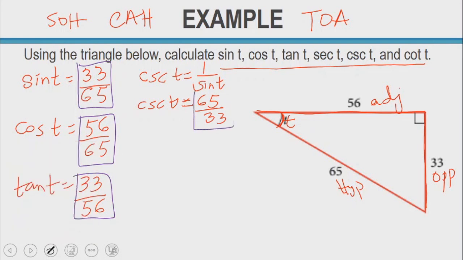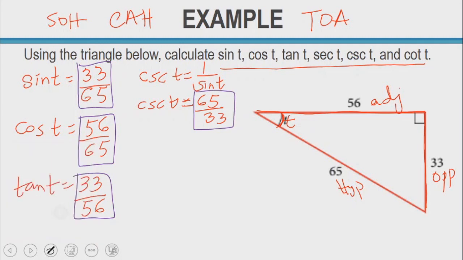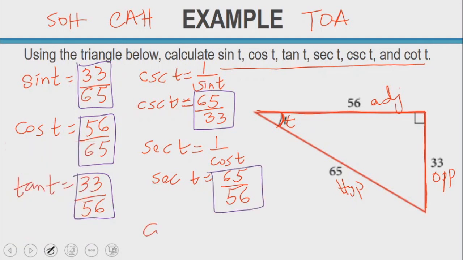So cosecant T will be the reciprocal of sine T, whereas secant T will be 1 over cos T. So secant T is 65 over 56. So cotan T will be 1 over tan T. So that will be adjacent, which is 56, over opposite, which is 33.